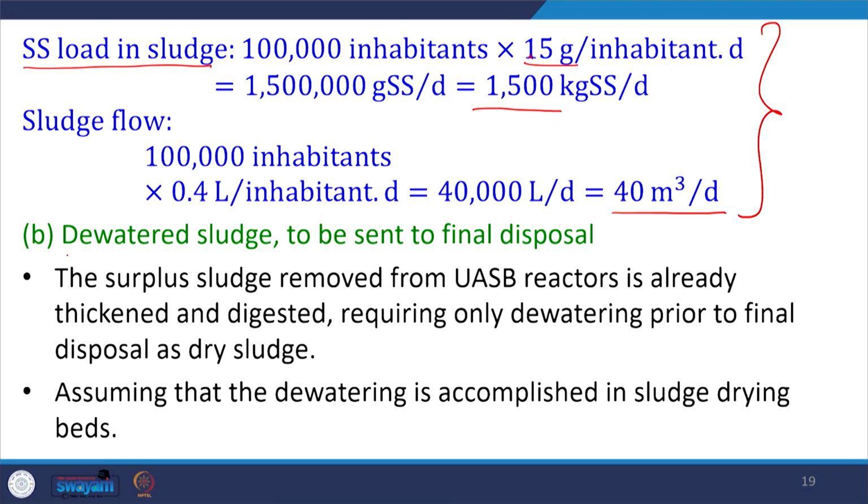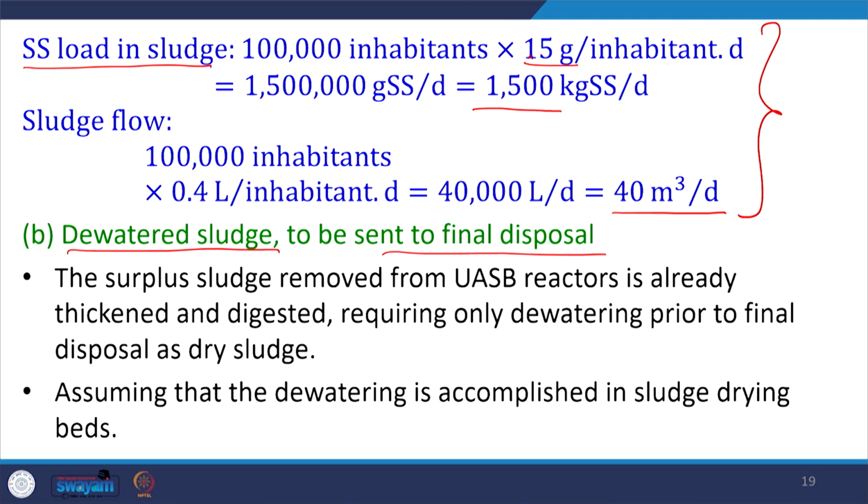Now, the dewatered sludge has to be finally sent for final disposal or for further usage; it is possible we can go for incineration or anything. The surplus sludge removed from the USB reactor is already thickened and digested, and only dewatering prior to final disposal as a dry sludge is done.